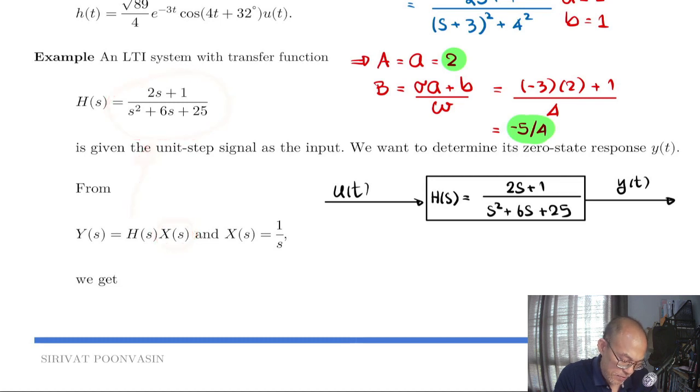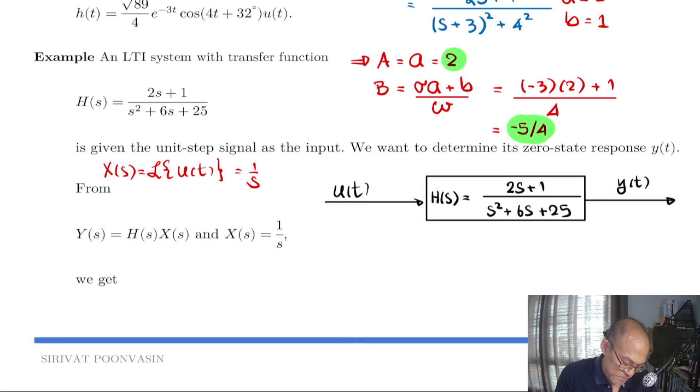X(s) is the Laplace transform of the unit step signal, because it's a unit step, right? We know from the table that it is 1 over s, so 1 over s is written here.